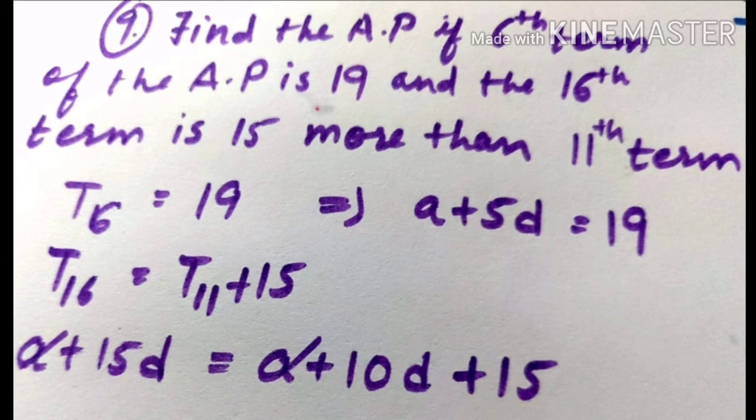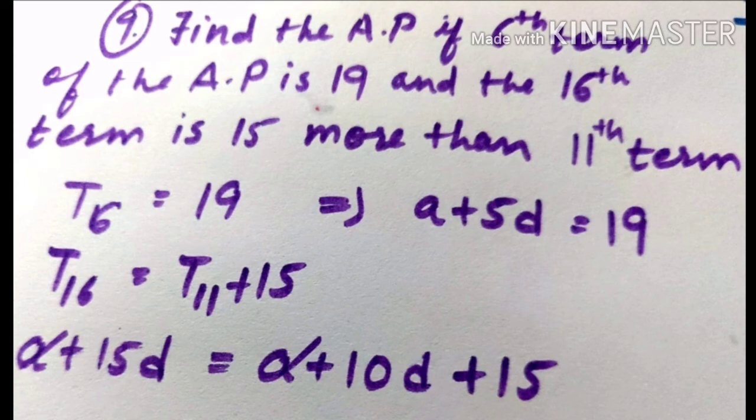Now read more, the 16th term, that means T16, is 15 more than the 11th term, means T11 plus 15. So this is the kind of equation you have to form here: first T6 is equal to 19 and second T16 is equal to T11 plus 15.